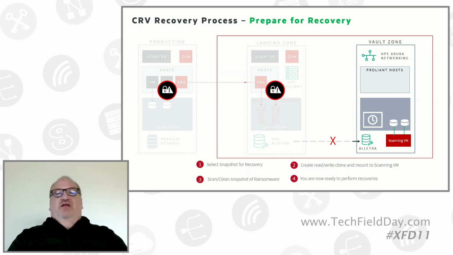At this point, I have a couple of options. I can recover from the vault zone back to production. Or I can replicate those clean volumes to the landing zone and then recover from the landing zone back to production. But because of the way we built the solution, we have the exact same compute and the exact same storage in the landing zone that is in the vault zone.